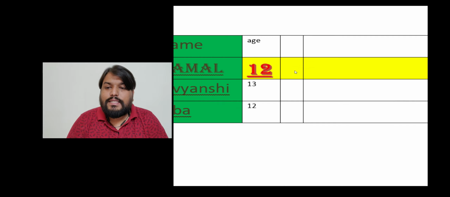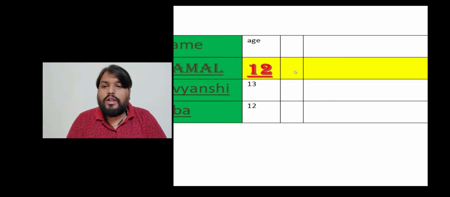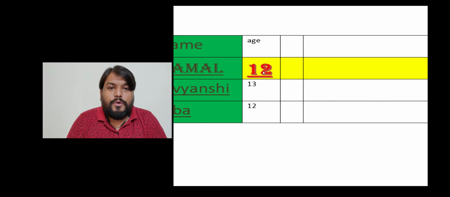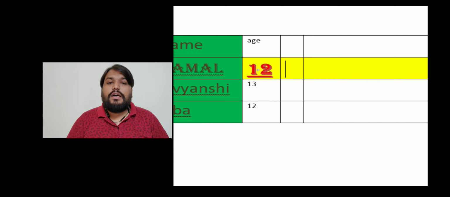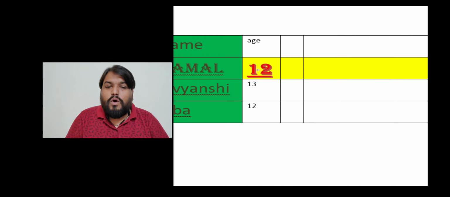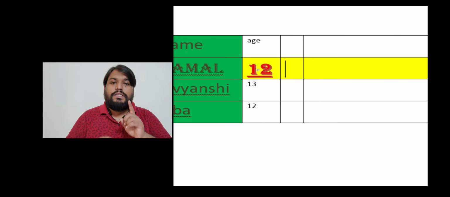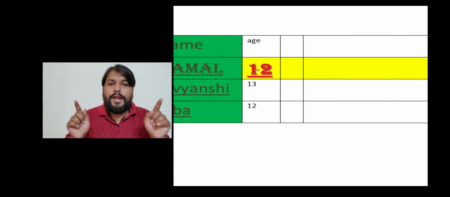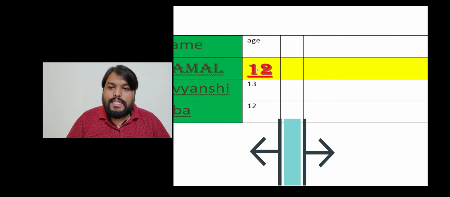When you want to resize any particular column, row or cell, you simply have to put your cursor on that particular line, and your cursor sign will change like this. A two-way arrow will appear. Kindly focus on the cursor on the screen. The cursor changed from a single pointer to a double pointer to opposite sides.